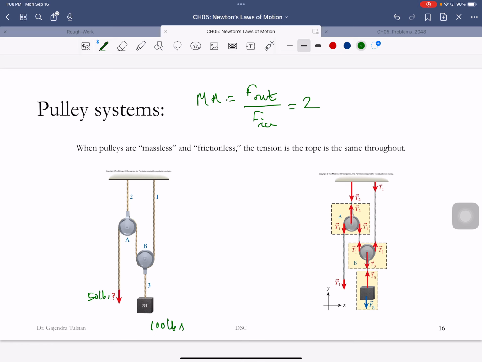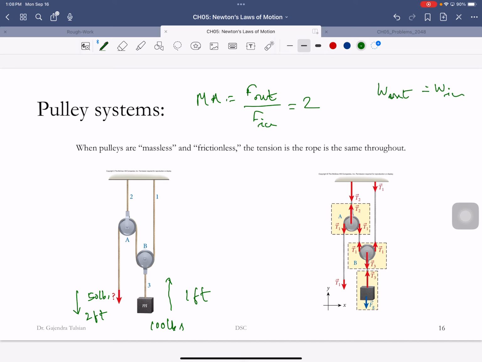Right. Every time you lift it up 1 foot, you have to move 2 feet here. We'll learn in a few chapters that output work is always equal to input work.